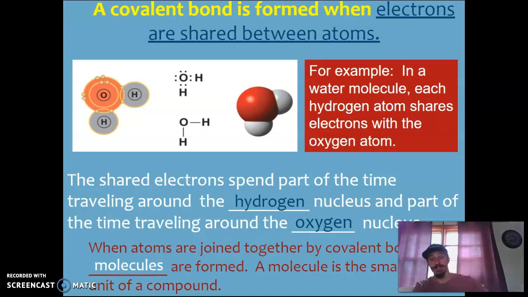And a molecule is just the smallest unit of a compound, but don't confuse yourself by trying to compare the molecule definition to the compound definition. Just know that when two or more atoms come together, you can call it a compound if it's always in definite proportions, or you can call it a molecule if two or more atoms come together.